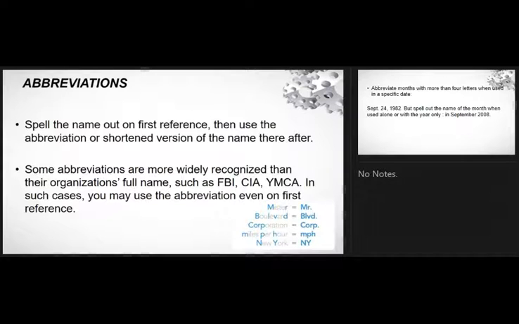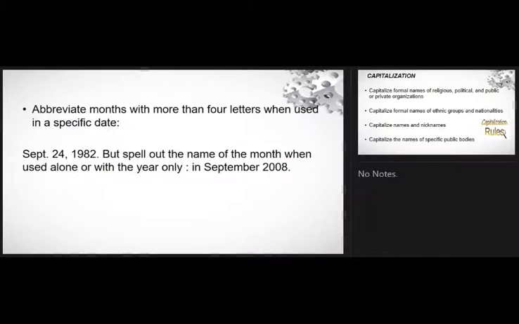If you know Dr. Mahathir, we always put his name in the short form Dr. M in Malaysian newspapers. If he is widely recognized, you can put it like that. Abbreviate months with more than 4 letters when used with a specific day, like September 24, 1982. Spell out the name of the month when used alone or with the year only, like September 2008.